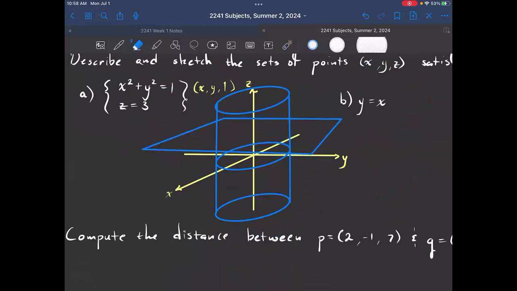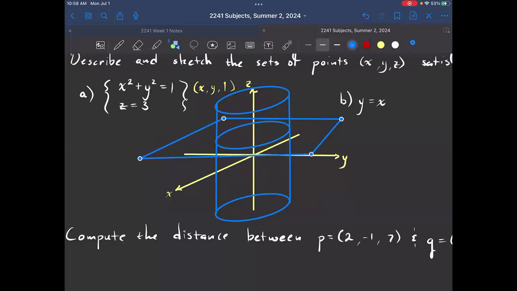Maybe we'll erase that one right there. Actually, I can make this easier for us. I'll just scoot that up and maybe move the plane around so that it looks better. So there is our z equals 3 plane.